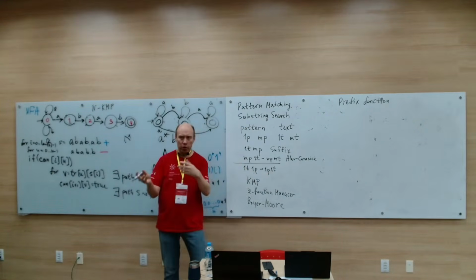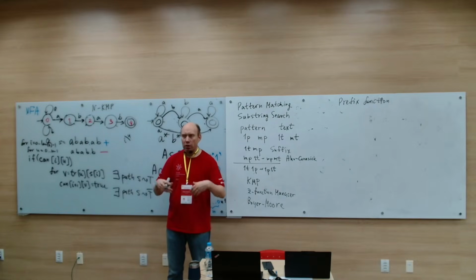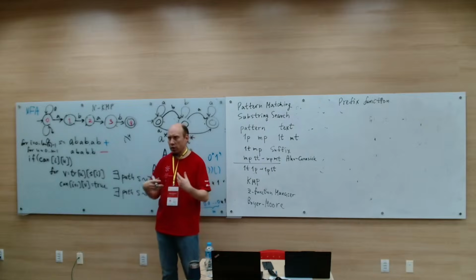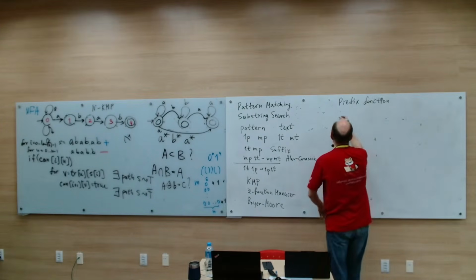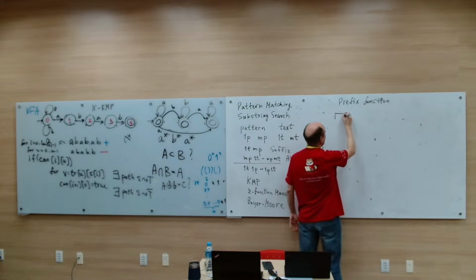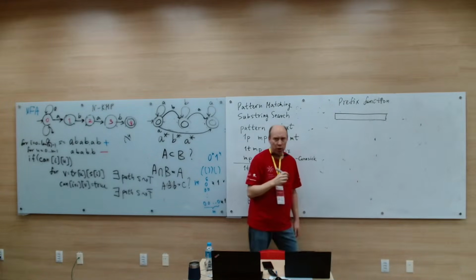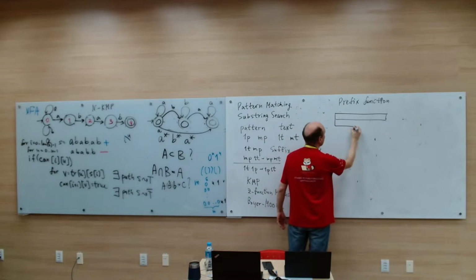So we are given a pattern and a text, and we want to find all occurrences of this pattern as a substring in this text. So what can we do? We have the text. Let's put the pattern here.